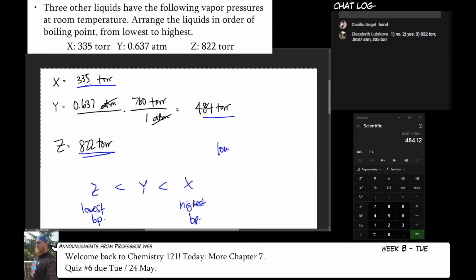So remember, lower vapor pressure equals higher boiling point. And that's really the takeaway that we need here.